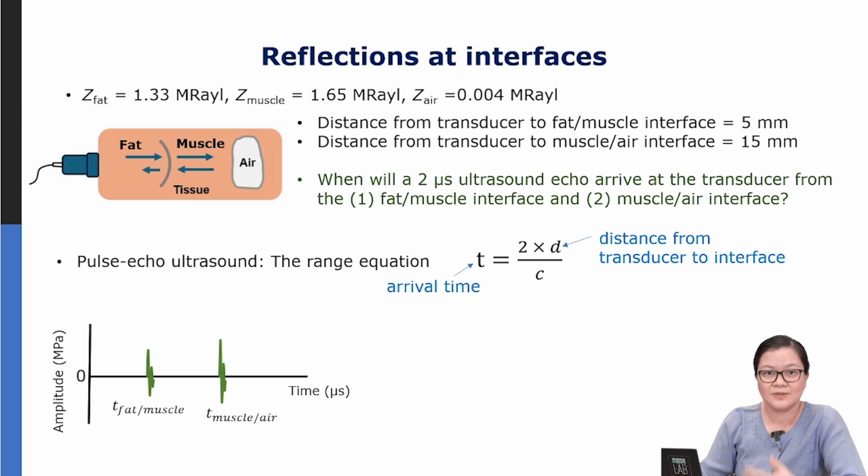Compared to the reflection coefficient of fat and muscle, the one for muscle and air is very, very high, almost 0.98. Because of that, you would receive a signal echo that is much higher than that of the fat-muscle interface. Now we'll use this range equation to answer when the echo from the fat-muscle interface and the echo from the muscle-air interface will arrive.